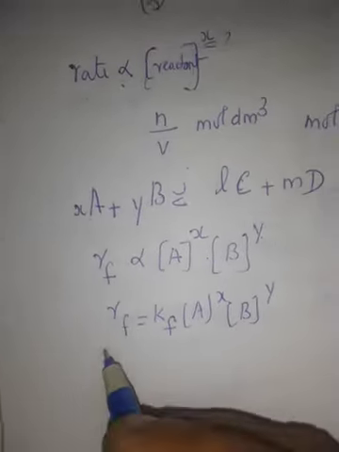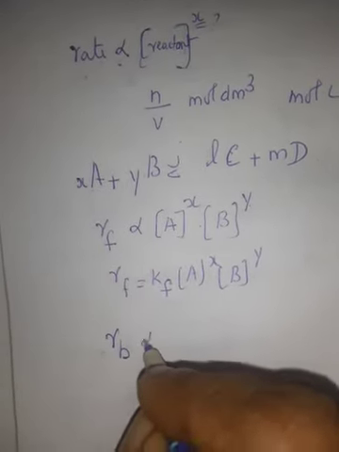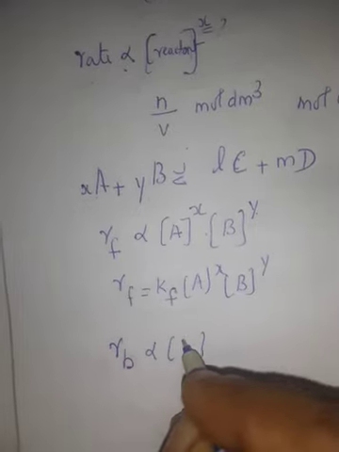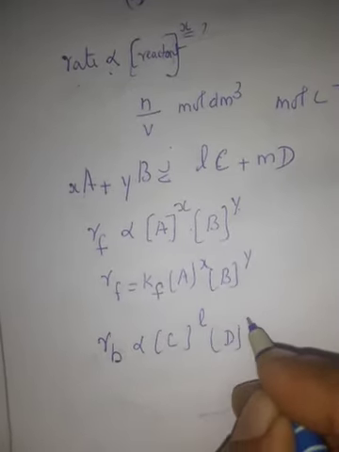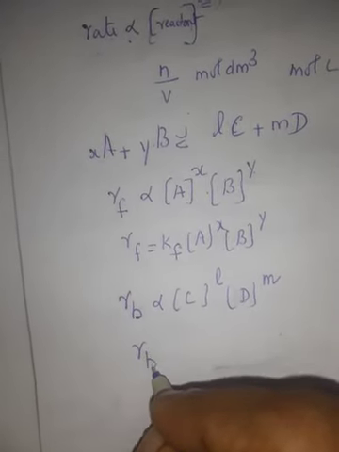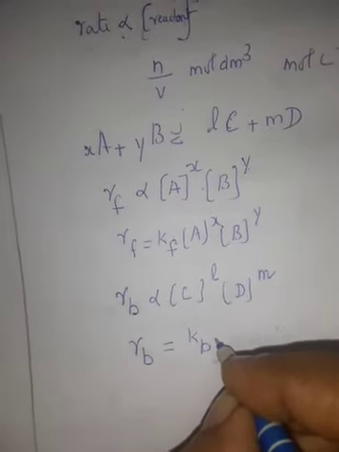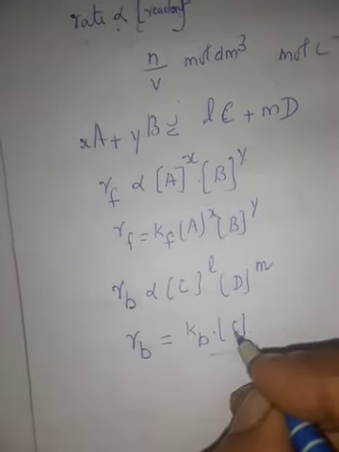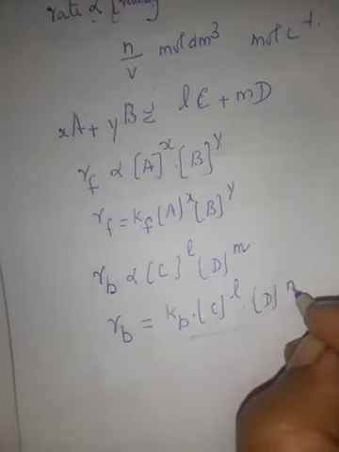Now, the rate of the backward reaction. The backward reaction is directly proportional to concentration of C power l, concentration of D power m. Taking the proportionality sign, rate of backward reaction is equal to Kb, [C] power l, [D] power m.